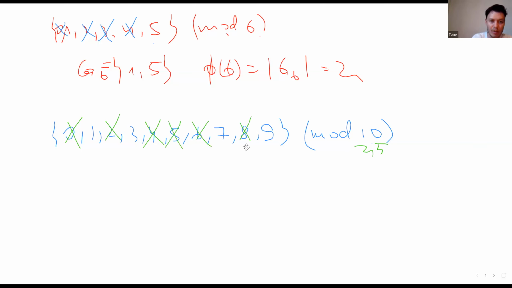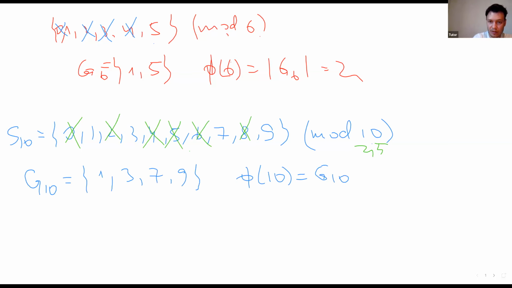And then 5 is also going to be bad. So S10 is all the remainders, and if I look at just G10, the good remainders, I see 1, 3, 7, and 9. So phi of 10 is going to be the size of G10, which is equal to 4. There are only 4 numbers in G10, right?